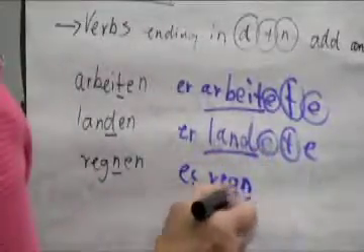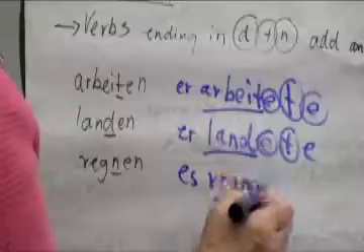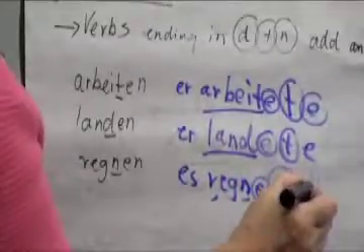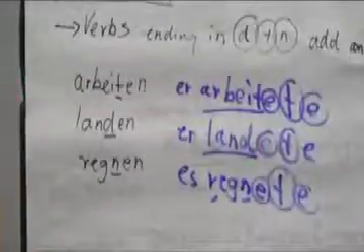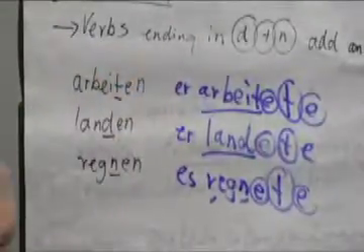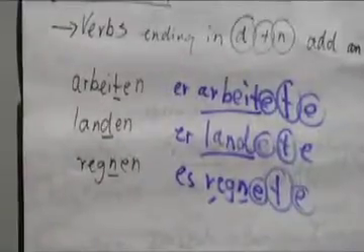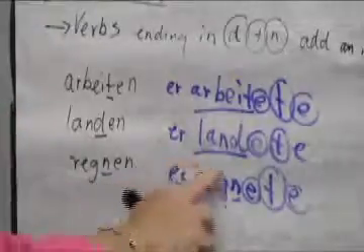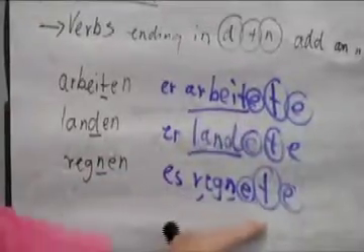Here's our stem. Add the E, the T for past tense, and the personal ending. Es regnete. The hardest one is arbeitete, because some people wrap their tongue around that verb and don't get it out right. So, arbeitete, landete, es regnete.